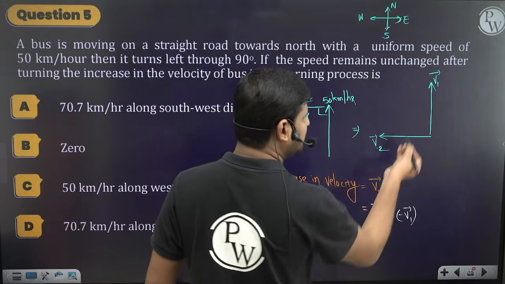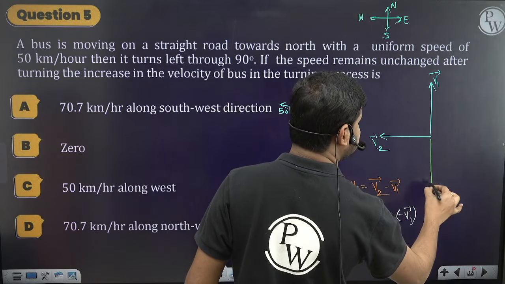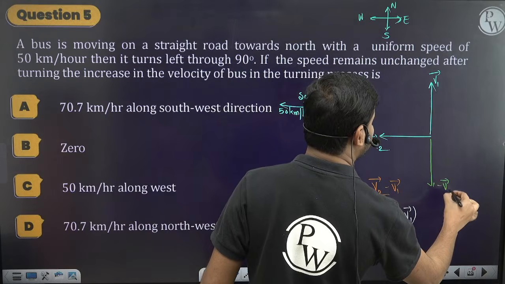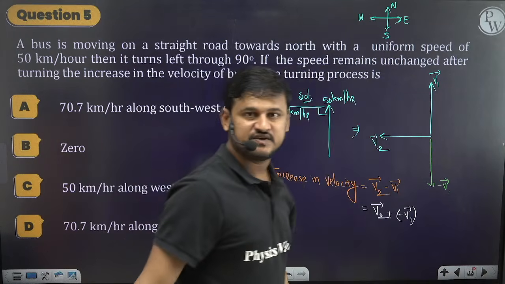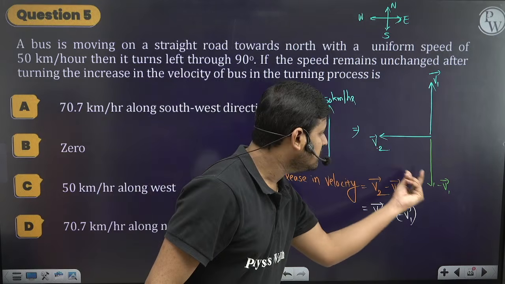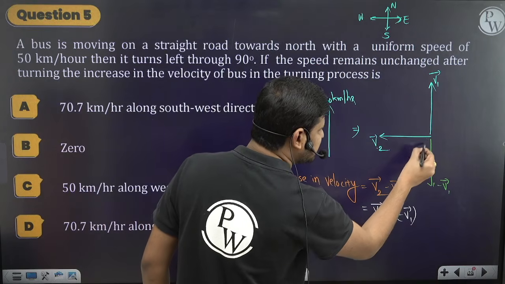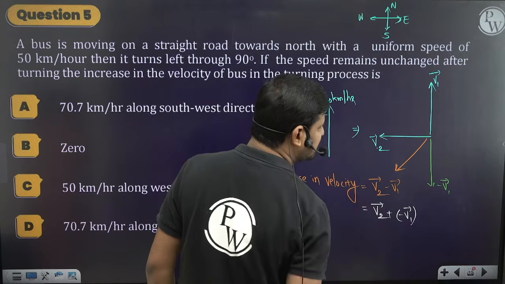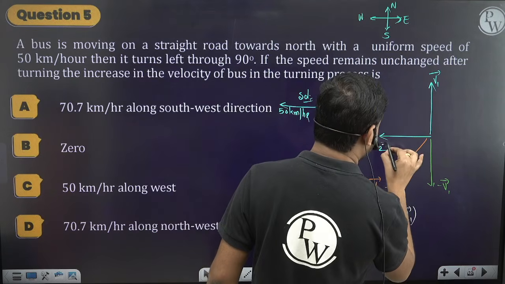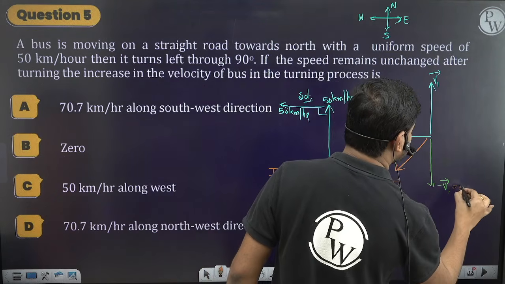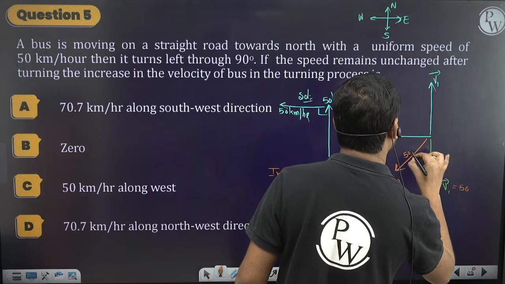What is minus v1? This is the minus v1 vector, same magnitude, opposite direction. Then you have to add v2 plus minus v1. The resultant is obviously in this direction. So what is the resultant? This is 50 and this is also 50, so this is going to be 50 root 2 southwest.